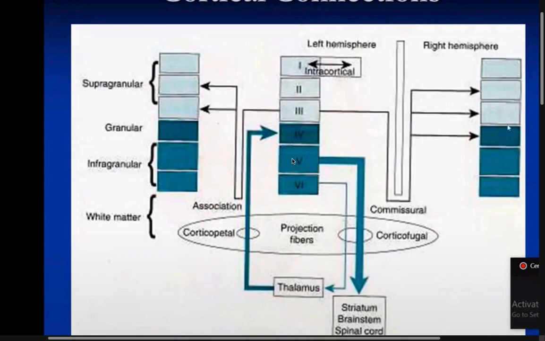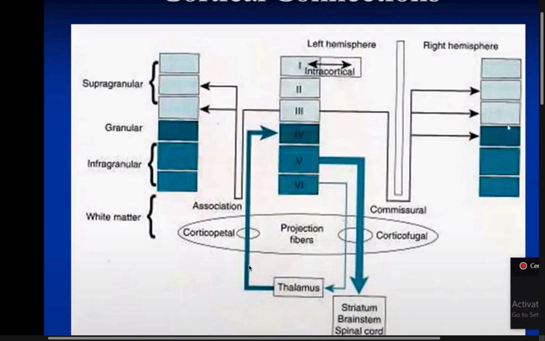If you observe, the 5th layer has outgoing nerves, which is called the efferent pathway, and when we say efferent, we name it corticofugal, okay? Corticofugal. Efferent means going away from the cerebral cortex, going to the brainstem, to the spinal cord, to the striatum.